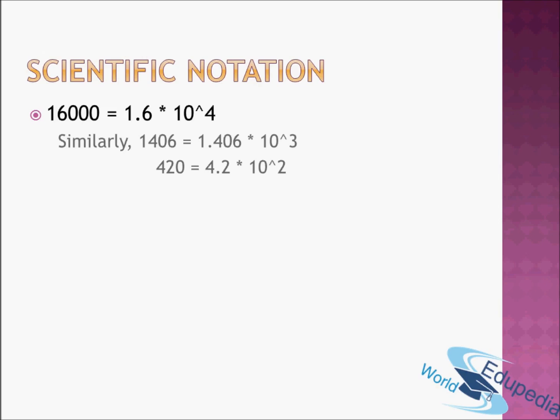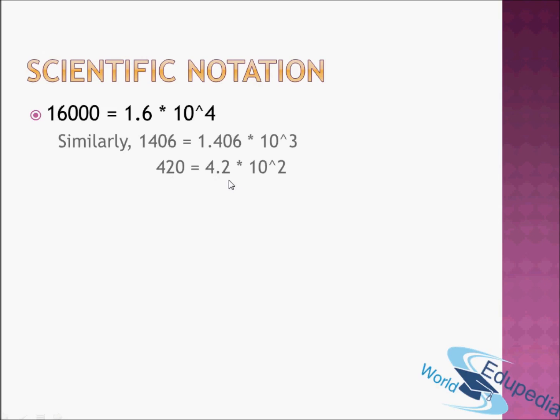This is what we mean by scientific notation. The term on the right hand side of equality is the scientific notation of 16,000. Similarly, if you have 1406, in scientific notation you write it as 1.406 into 10 to the power 3. And if you have 420, you write it as 4.2 into 10 to the power 2.